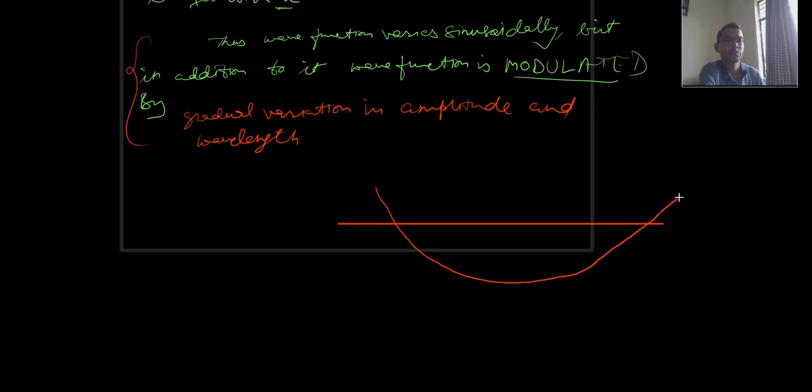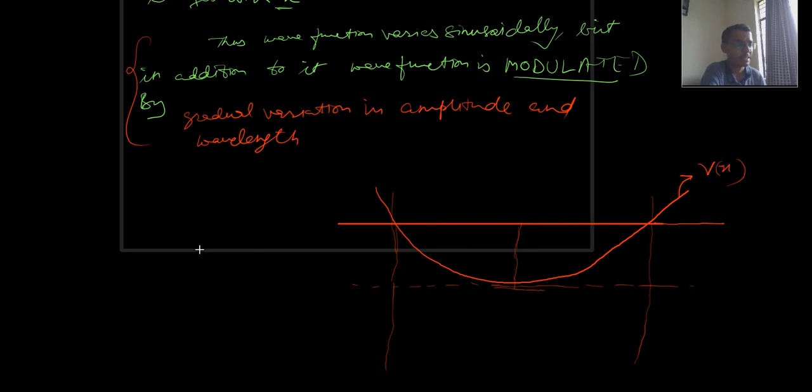This is the potential, this is the energy, and V is a function of x, along the x-axis, right? And these are the turning points which we have to keep in mind, right?